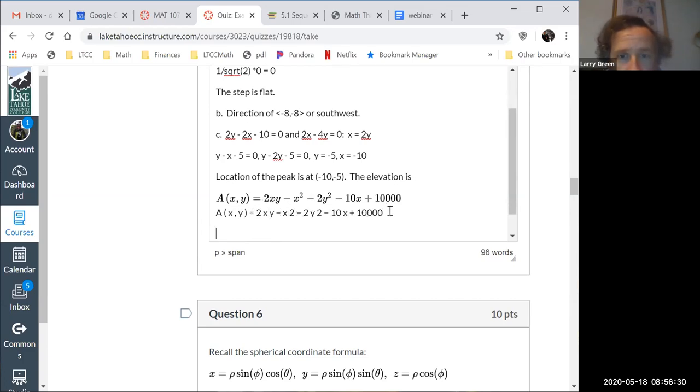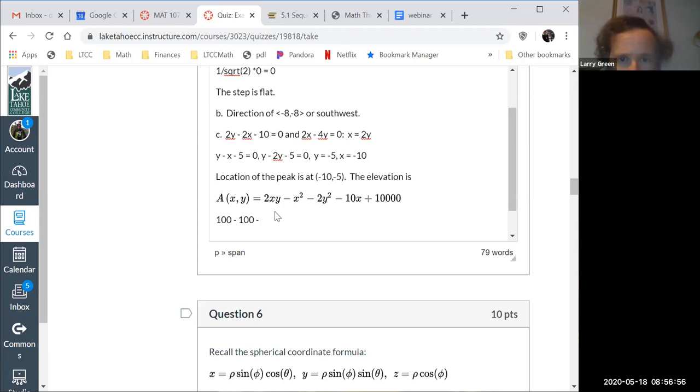And now we're just going to plug in x is negative 10, y is negative 5, and you get 2 times negative 10 times negative 5, which is 100, minus x squared, which is 100, minus 2y squared.